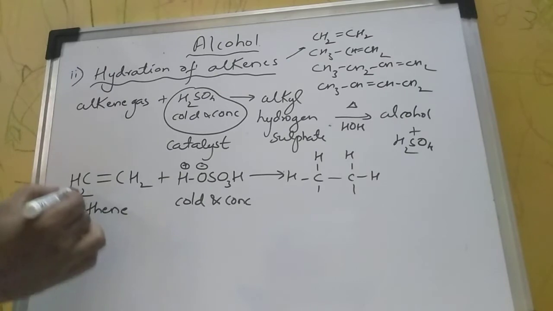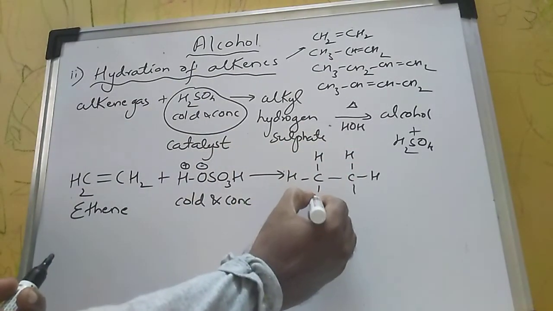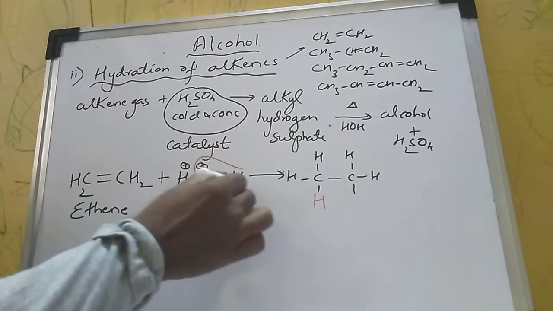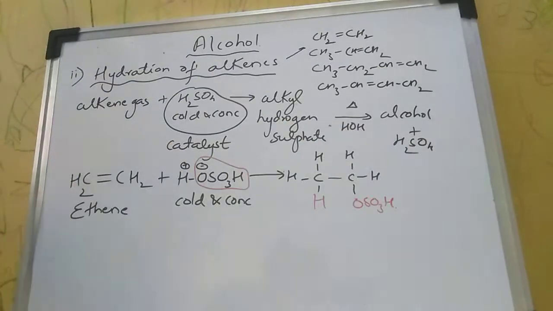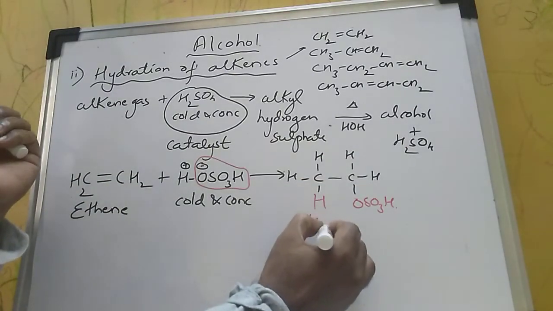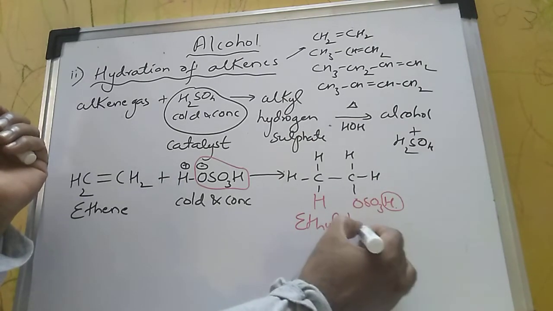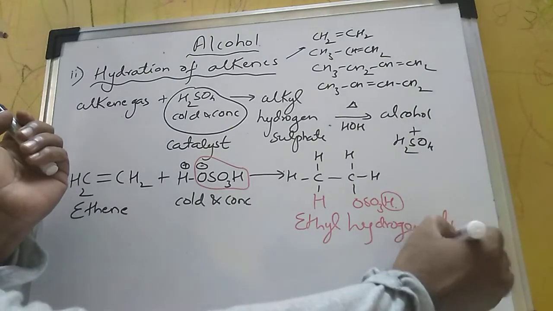So one H will go on one carbon over here, and the negative part, OSO3H, will go on the other carbon. So this forms CH3CH2, ethyl, this hydrogen, and the remaining is sulfate.